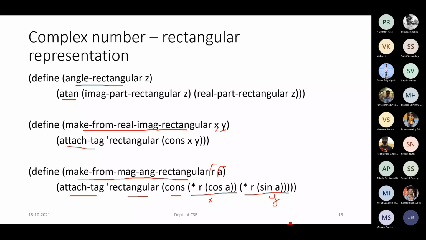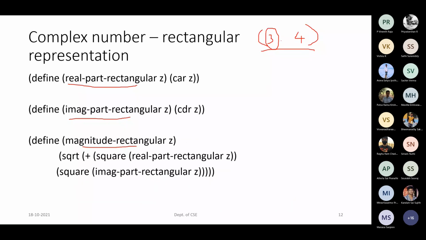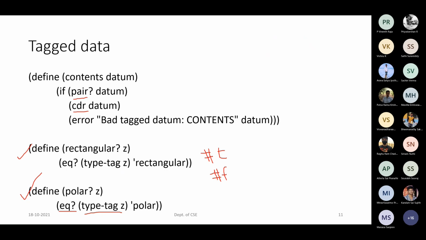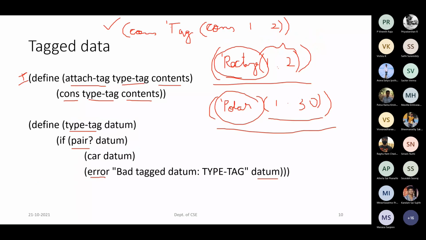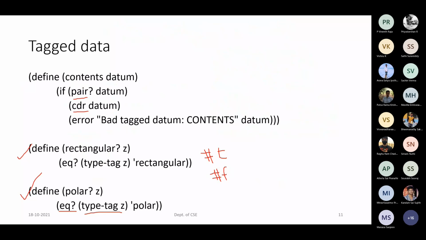So we have defined a set of procedures related to the complex number represented in the rectangular form. The first set of procedures we defined was for the complete complex number, so the complete complex number was constructed.